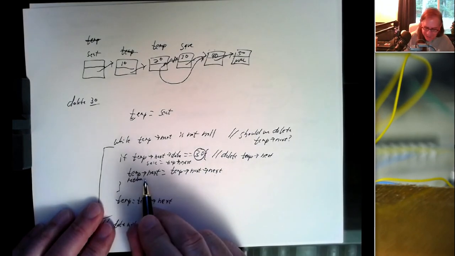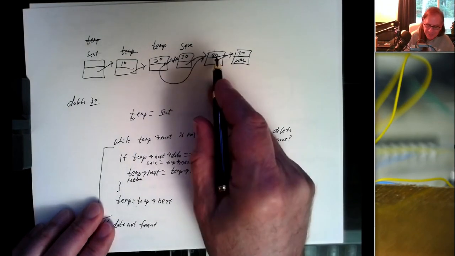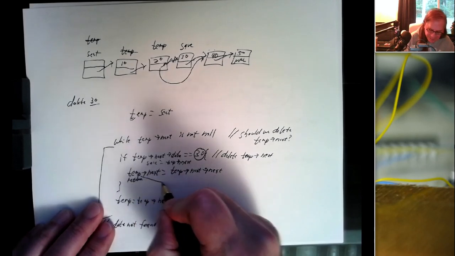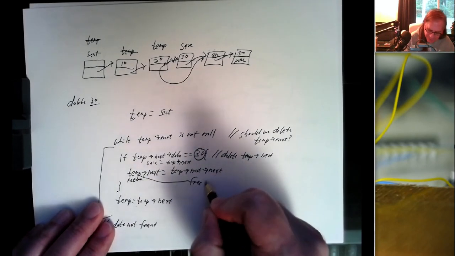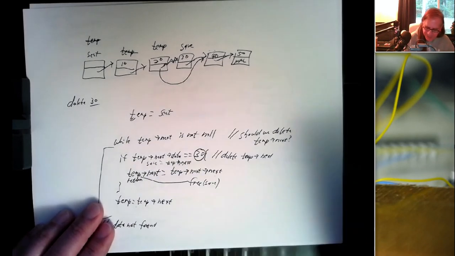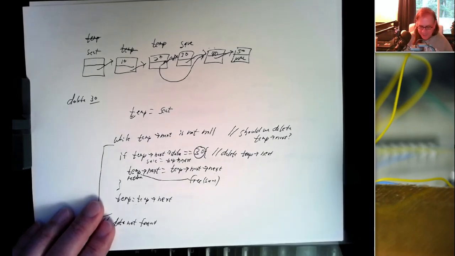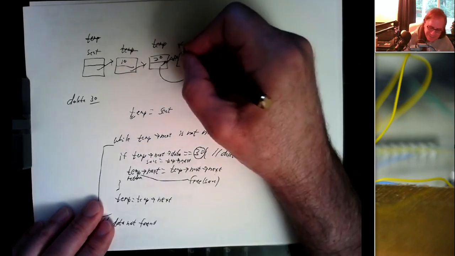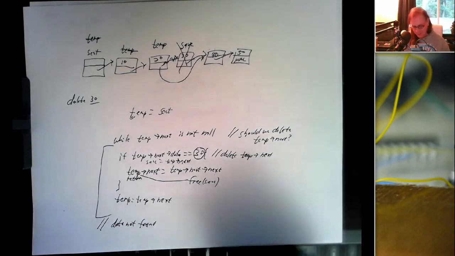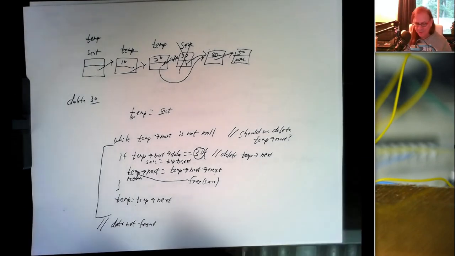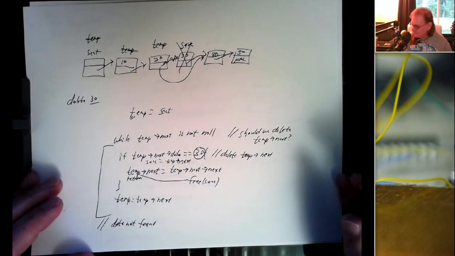Go ahead and change the pointer so the previous one points past that next one, but then before you return, just free that block whose address we saved. So when we say free save, this gets released from memory, goes back into the free memory pool. It's not a memory leak.